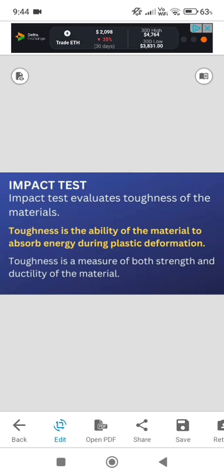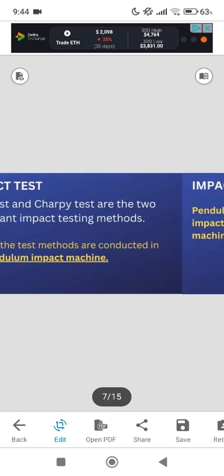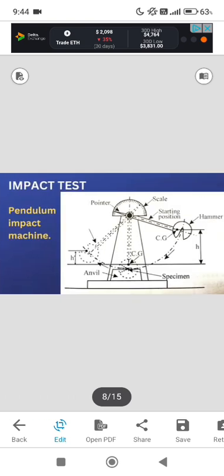There are two types of impact test, Izod test and Charpy test. Both impact tests are conducted in the same machine. The name of the machine is the pendulum impact machine. This is the pendulum impact machine. In the center, one pendulum is there.